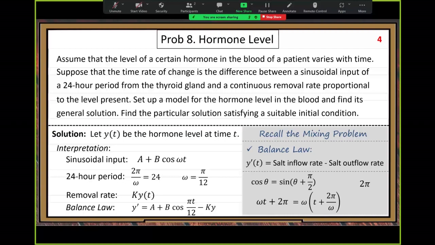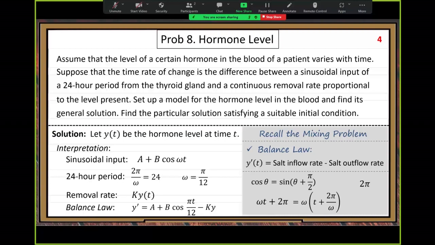Why should we restrict it to the tank salt stuff? It's not only for mixture, salt, tank questions. You can apply it to a large class of questions.